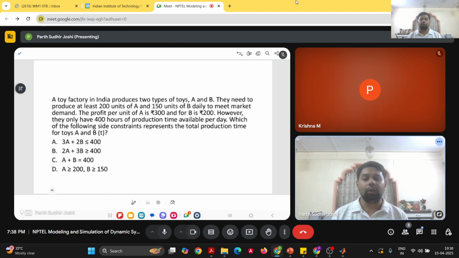So the options A and B are actually not relevant. Then let us come to option C. So where there is an equality constraint.